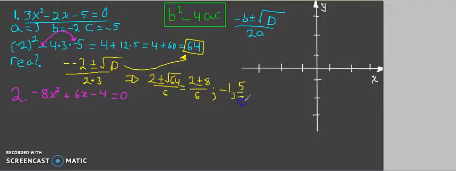So those are going to be the two solutions for this particular equation.